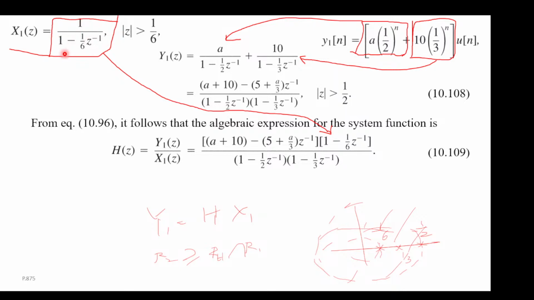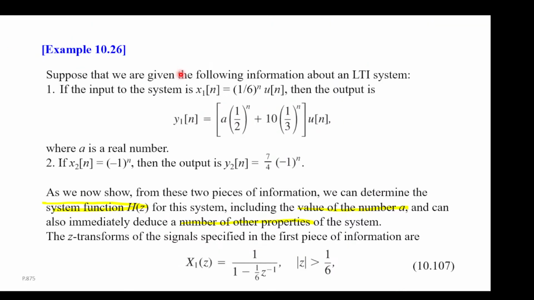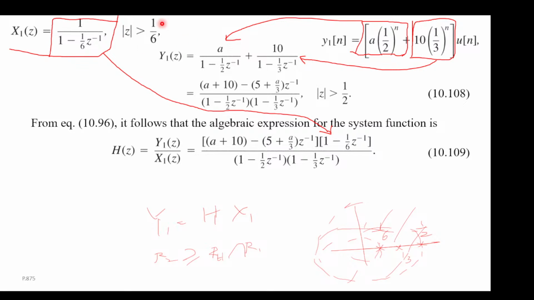It's 1 over 1 minus a z^-1, and it's a right-sided one, so its ROC is outside of this pole at 1/6. And then y1 is similar. It's a linear combination of those two things, so this part will transform to a over 1 minus 1/2 z^-1, and this part is 10 over 1 minus 1/3 z^-1.